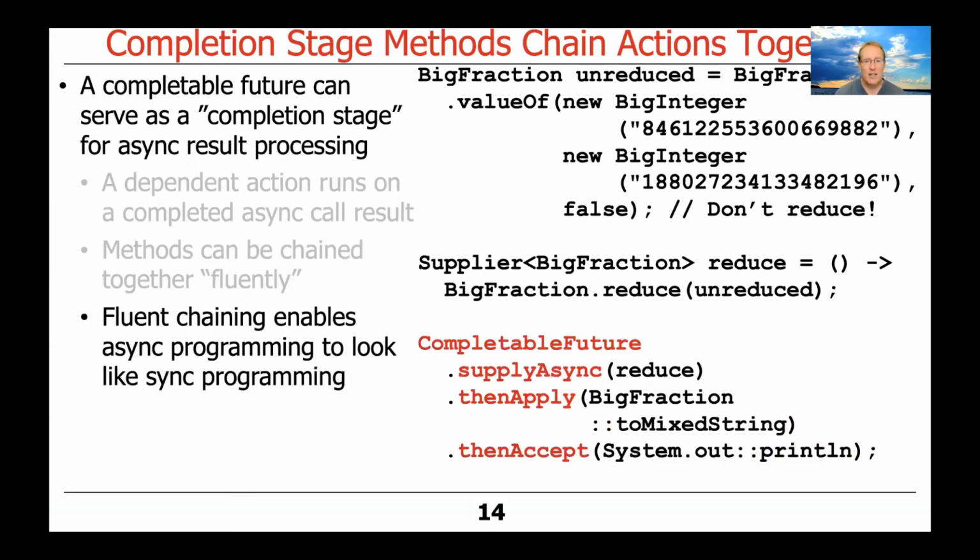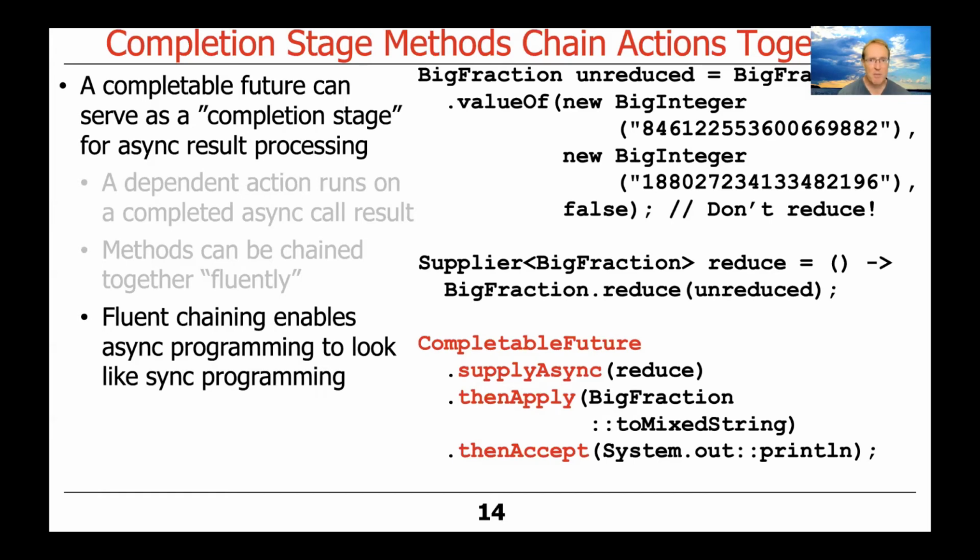One of the things that's really cool about this fluent chaining model is it enables asynchronous programming to look essentially the same as synchronous programming. So when you look at this code at a glance, it's not really all that obvious that asynchronous stuff is taking place. It really looks more like we're reducing something, then we're turning it into a mixed string, and then we're printing it.